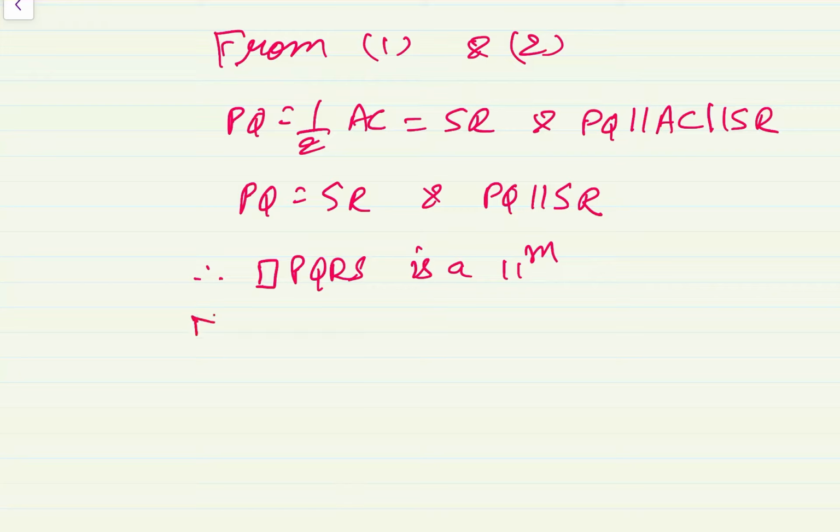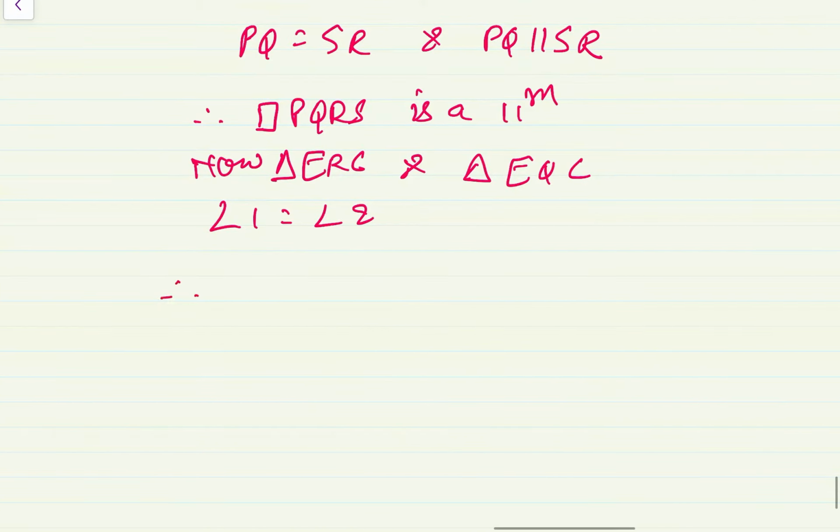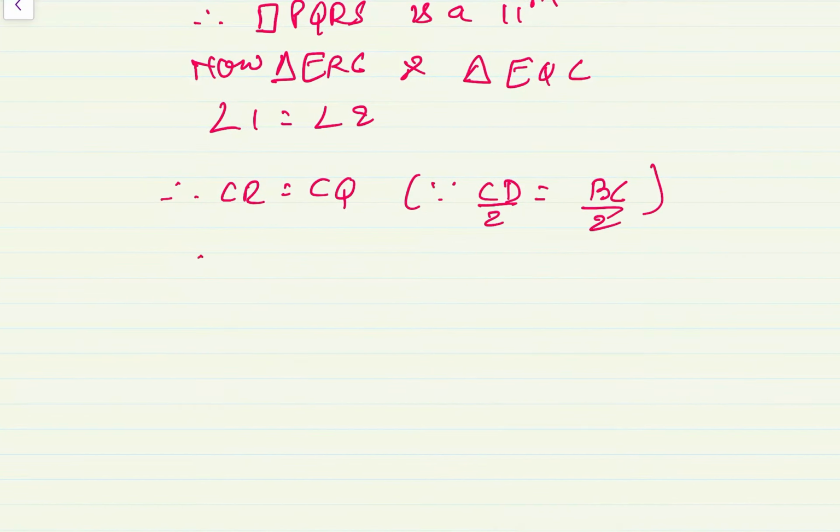Now, in triangle ERC and triangle EQC, angle 1 is equal to angle 2. They are diagonals of the rhombus bisecting the opposite angles. Therefore, CR is equal to CQ because half of CD and half of BC are equal, and CE is equal to CE, that is a common side.